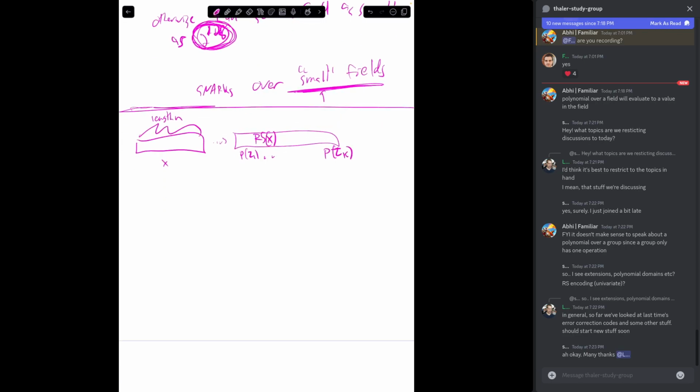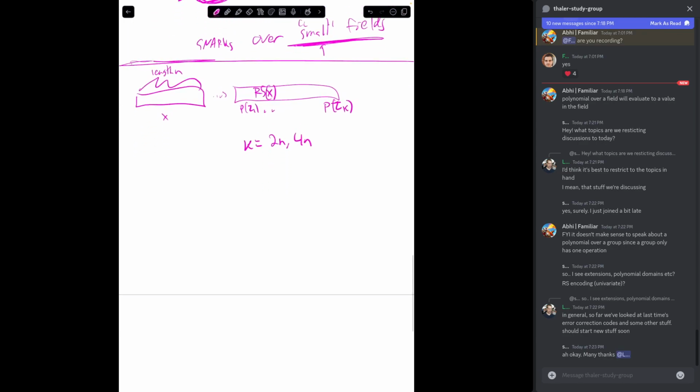They'll often choose K to be a constant factor bigger than N, like 2N or 4N. And then to make sure that the encoding procedure is fast, they'll choose these points to be very special and nice, like all K roots of unity in the field.